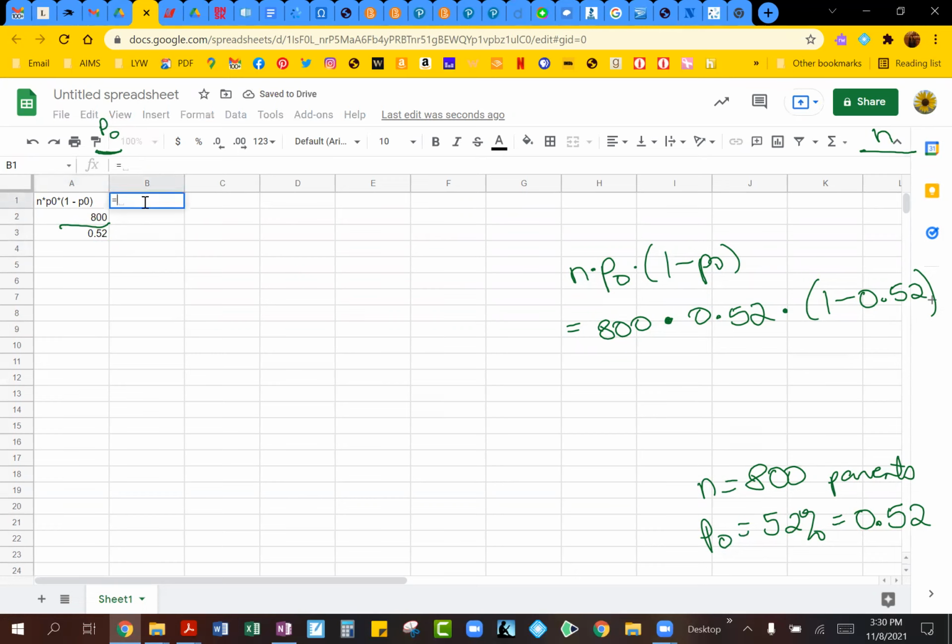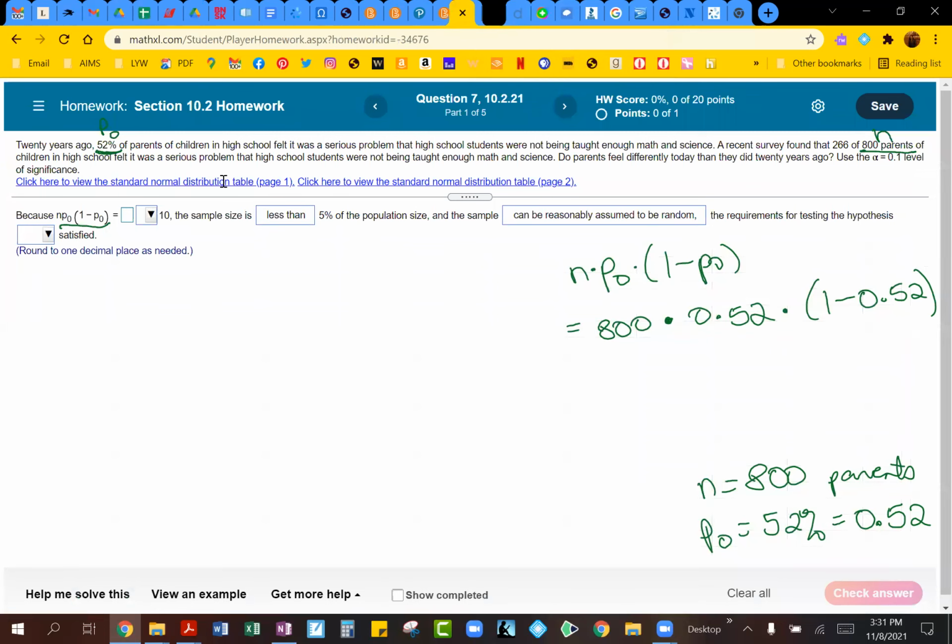If we just use the built-in functions, I can take my 800, multiply that with the P of 0.52, and then multiply that with, in parentheses, 1 minus 0.52. You can see that number, obviously, because you're multiplying 800 with basically half and half, breaks down to almost 200. So you're getting 199.68. And we just needed this to be larger than 10.